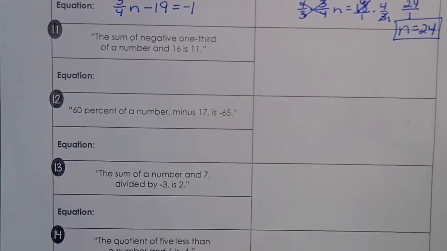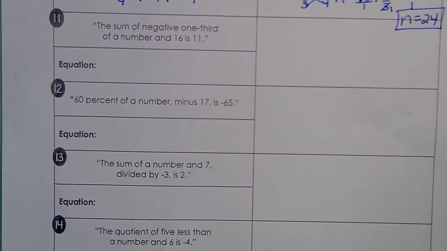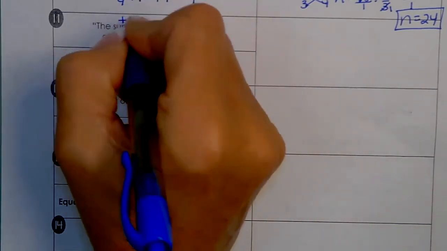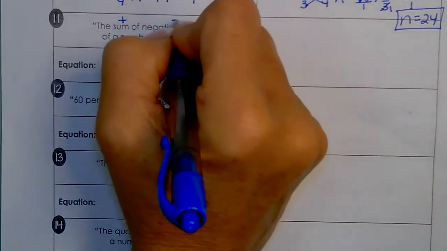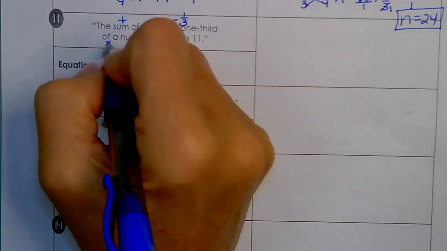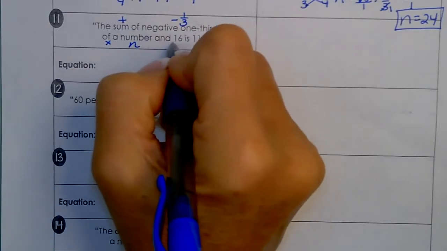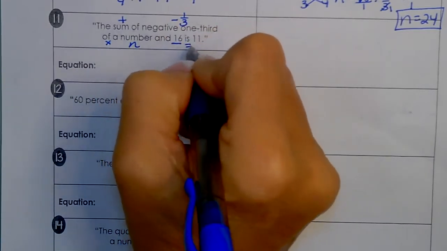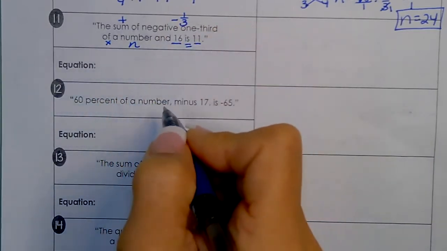Number 11, the sum of negative 1/3 of a number and 16 is 11. So the sum of negative 1/3 of a number and 16 is 11.